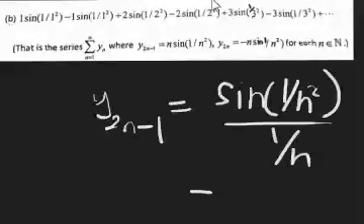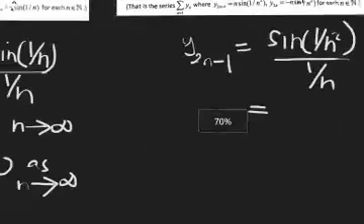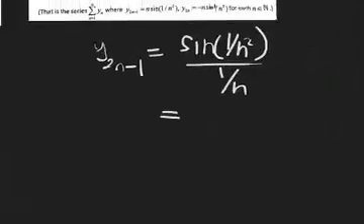So right here I multiply by n and I divide by that quantity because I did nothing.